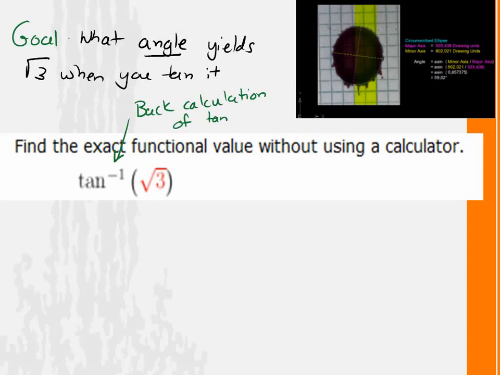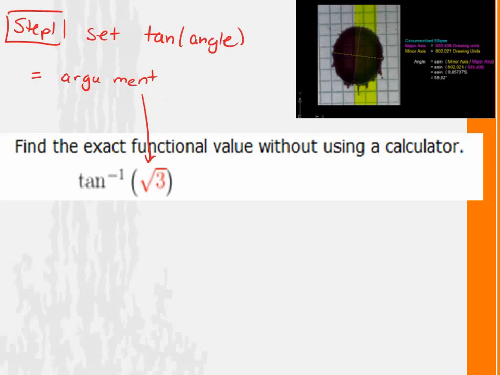So once you understand what the problem is, the first step is to set tan of the angle equal to whatever's inside that argument, because that's what you're looking for. Just rephrase it so it's simple: the tangent of the angle you're looking for is square root of 3. So you repose the problem. What do you want to find? The angle.